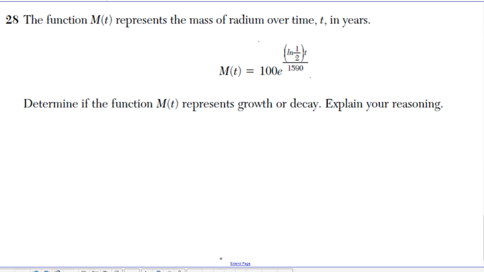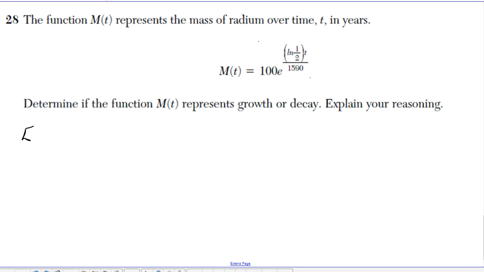Alright, let's take a look at question 28. It says the function m of t represents the mass of radium over time t in years. M of t equals 100 e to the ln of 1 half t over 1590. Determine if m of t represents growth or decay. Explain your reasoning. Let's start by indicating what exponential growth and decay models are.